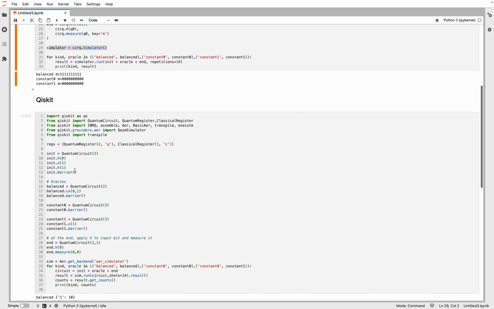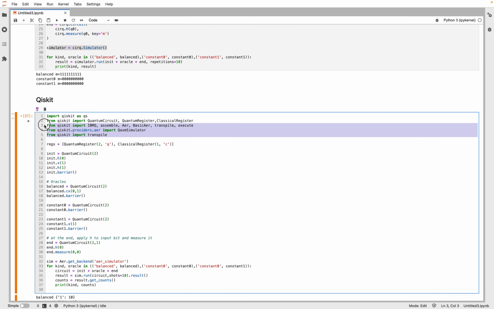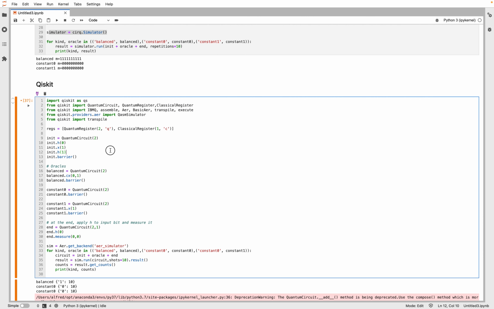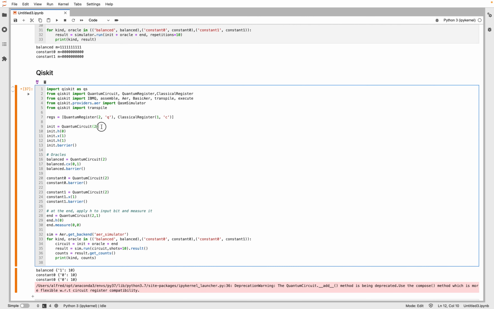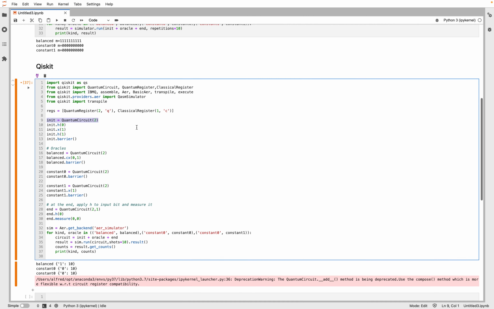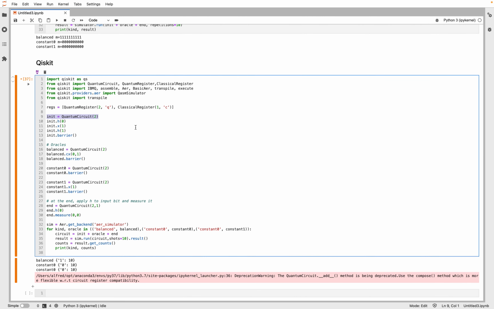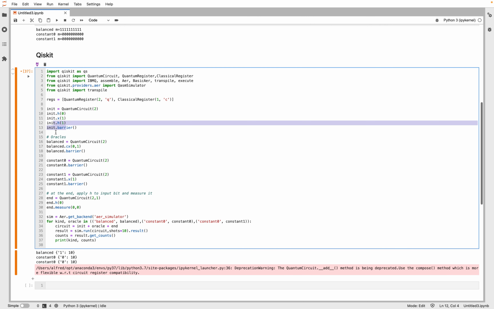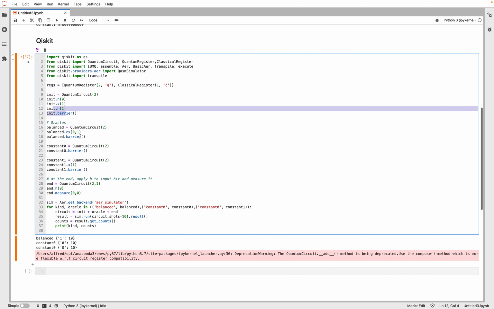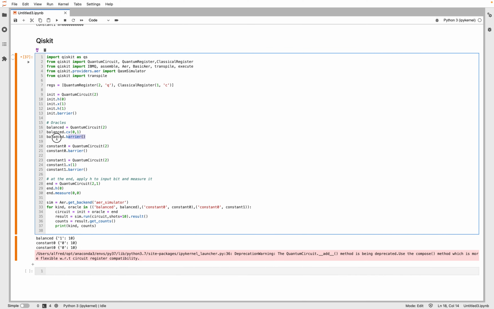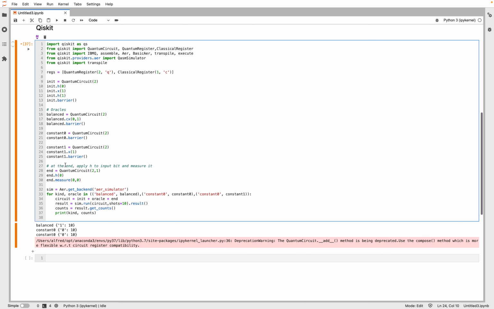Let's look at Qiskit. We import all the libraries, and then we define a quantum circuit, and we apply an H on the first qubit, X and H on the second qubit, and then we have three possible oracles: balanced, constant 0 and constant 1.